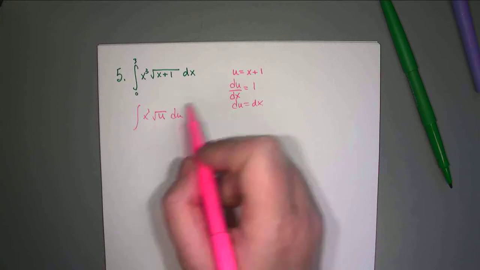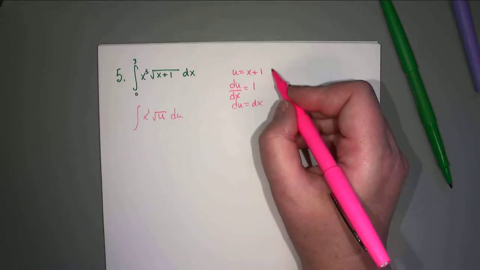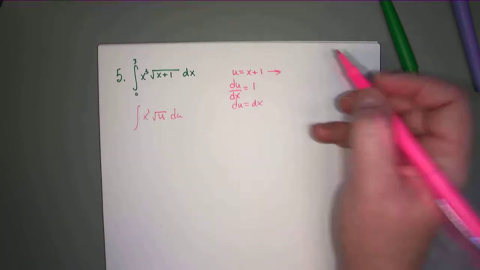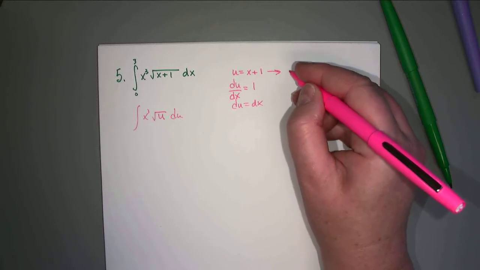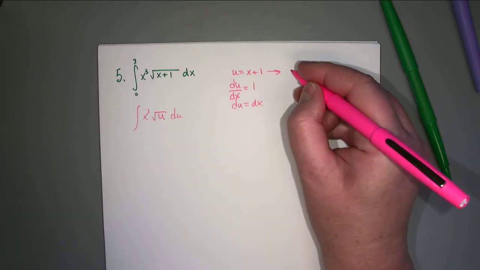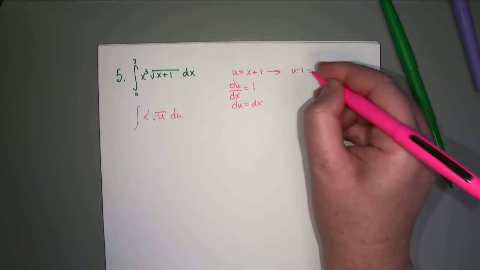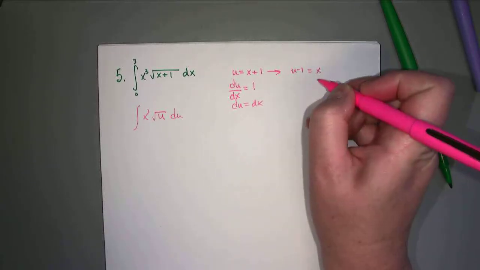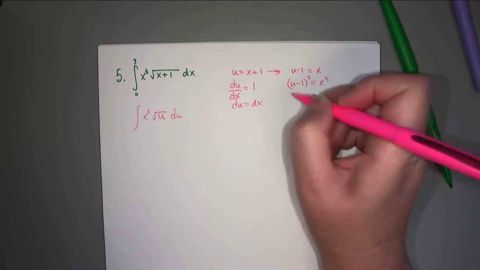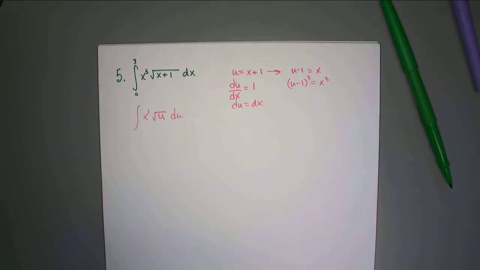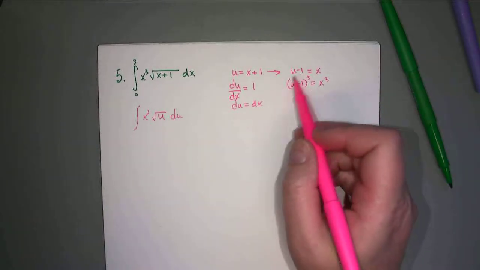So can we use this to get rid of x, or to get the x cubed? Yes, it's not going to be easy. I should have made a little easier one here. This isn't quite what I was thinking I was doing. But if we solve for x, so u minus 1 equals x, but now we need x cubed. So u minus 1 cubed equals x cubed. This isn't going to be necessarily nicer, because what we need to do now is cube this.